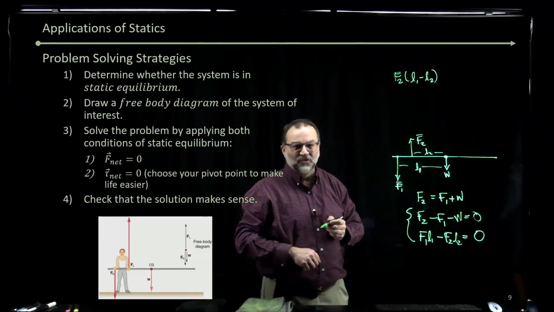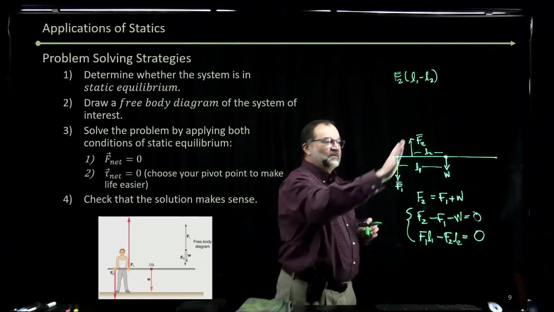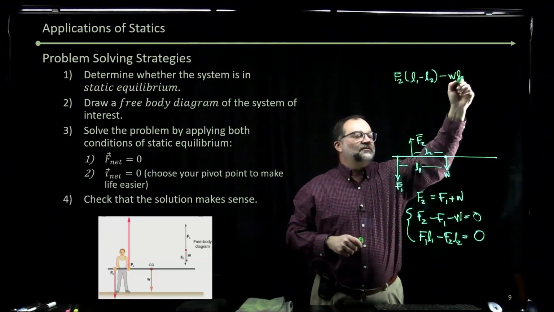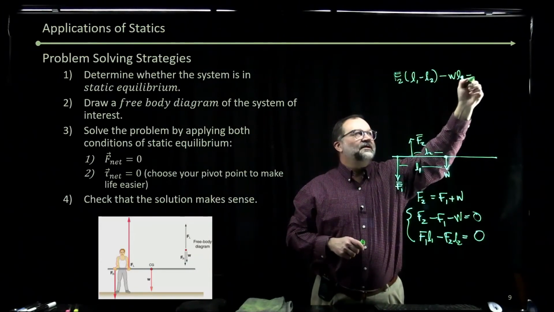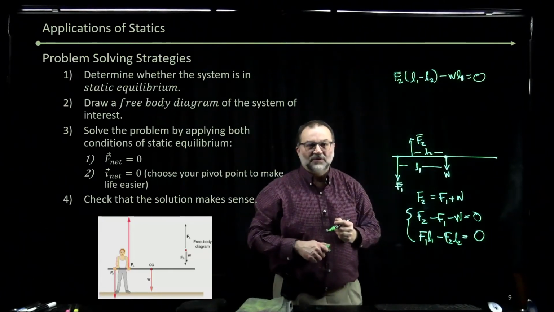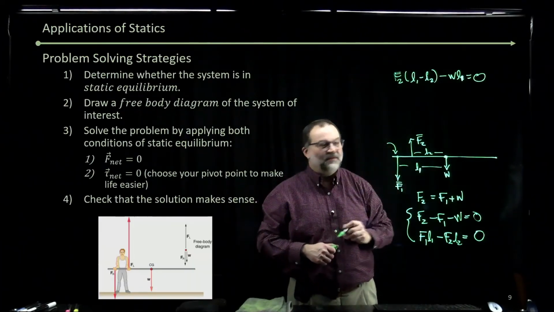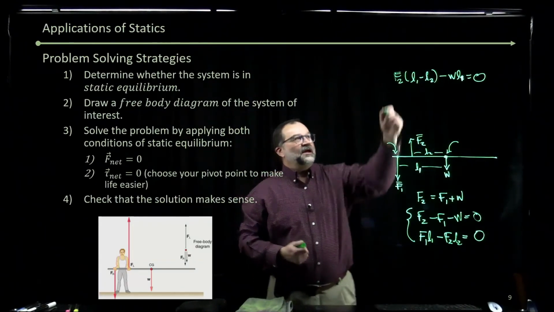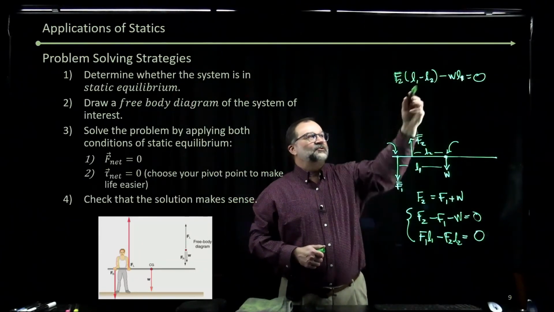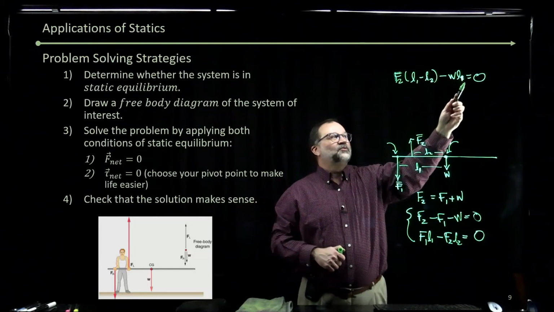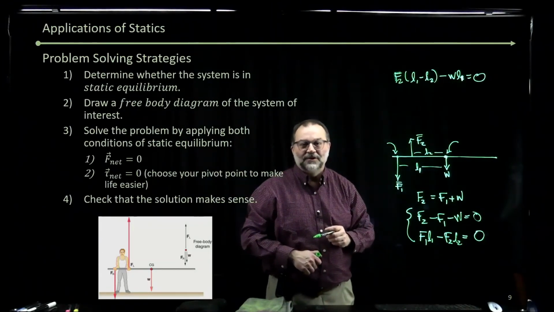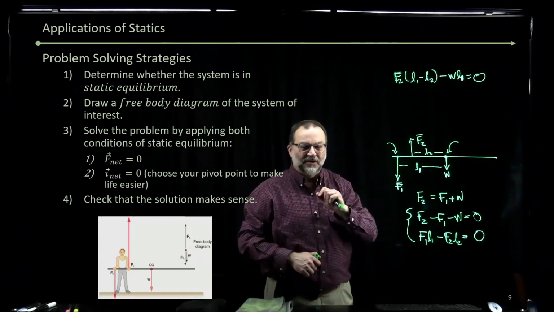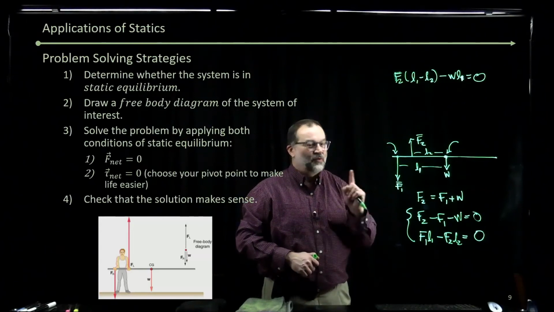So that's my positive torque. And what's my negative torque? Well, negative torque is going to be caused by the weight, so minus the weight times L1 equals 0. Now, what's the advantage of putting the pivot point right there versus right there? Well, let's look at this equation: F2 times (L1 minus L2) minus W L1 equals 0. How many unknowns are in that equation? 1. And because it only has one unknown, we know F2 right away.